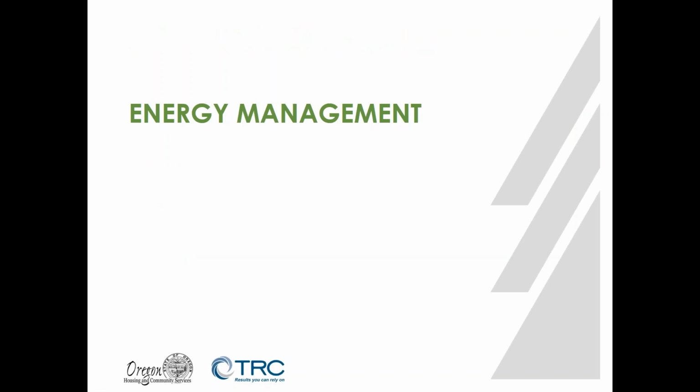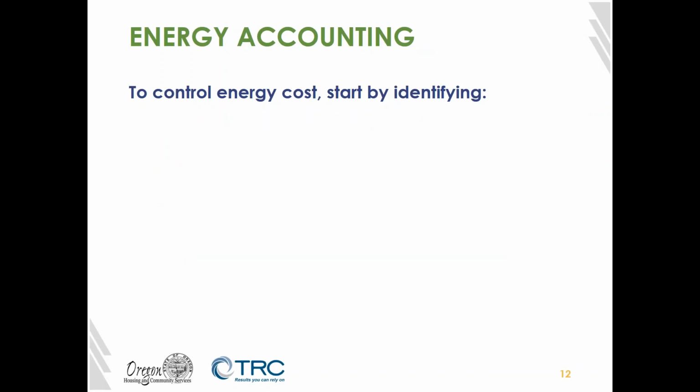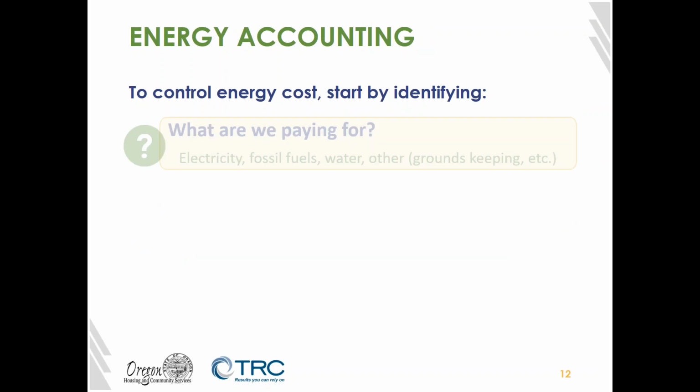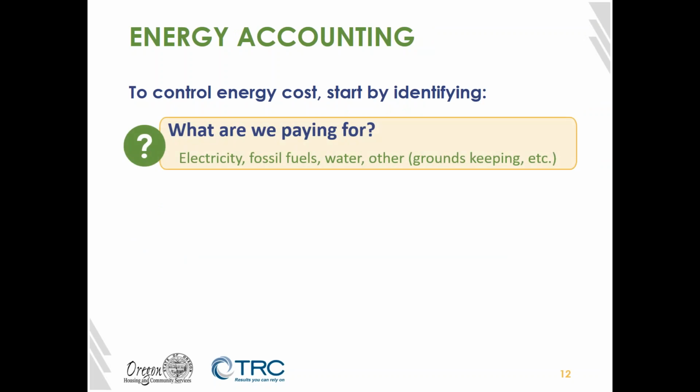Now let's talk about energy management. And energy management starts with energy accounting. To control energy costs, we have to start by identifying what we are paying for. So as the owner or property management organization for a multifamily building, the house meter or the house utilities may include electricity. Pretty much will always include some electricity.